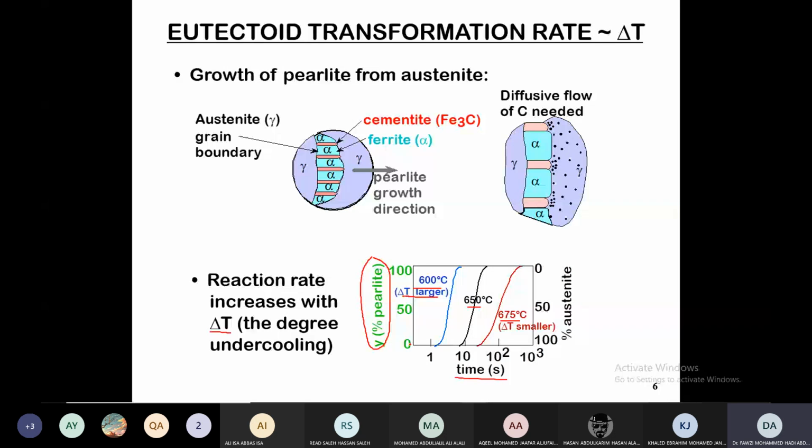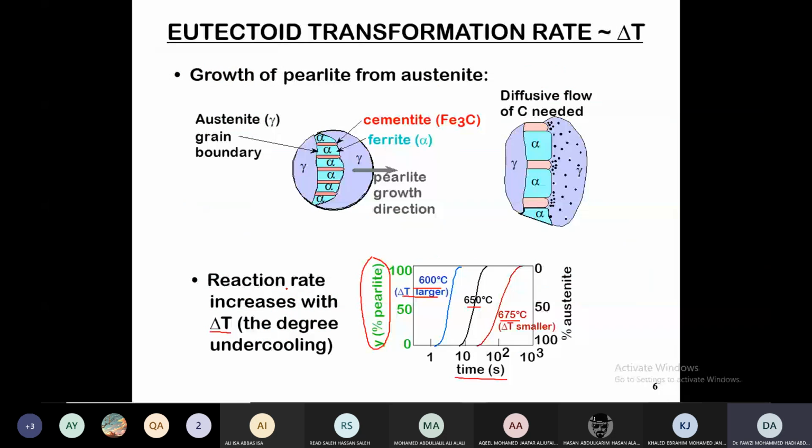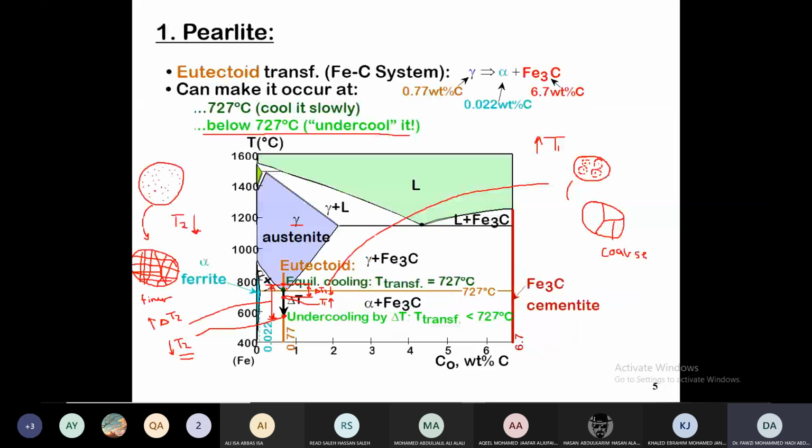The delta T is large, the nucleation time is very short. Transformation happens very fast, but then the growth becomes slow. And on the other hand, if you jump from above the eutectoid isotherm, above 727 degrees centigrade, to 675 degrees centigrade, your delta T is smaller there.